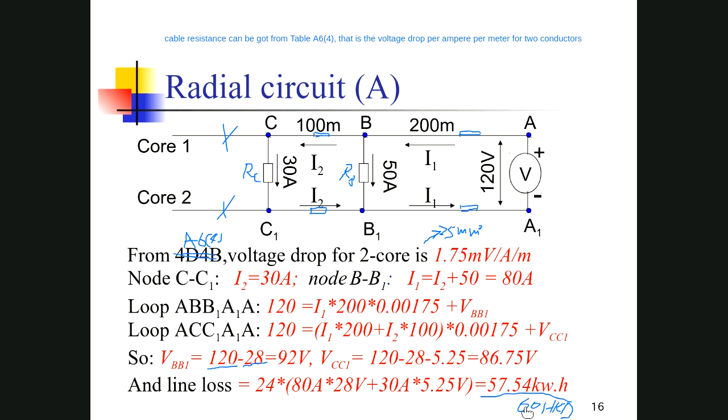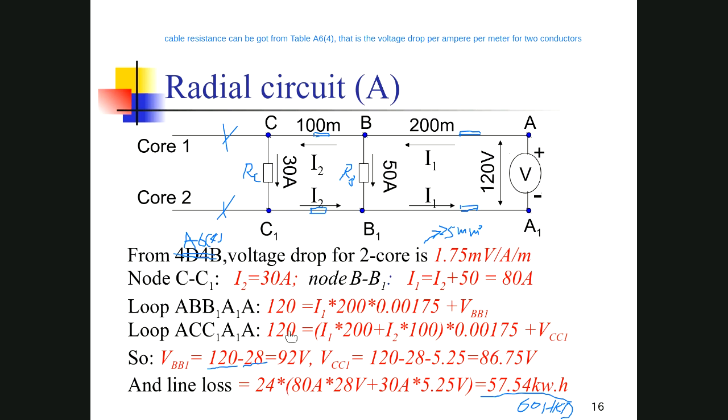Therefore, the residential electricity price is a little bit higher than that for industry, because we usually have small power consumption in the home, but a long distance power loss on the transmission lines.